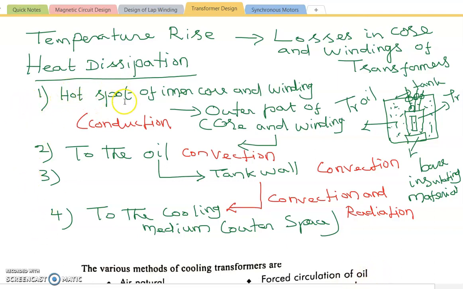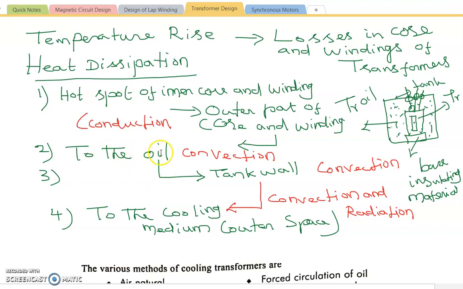First, the hot inner part of the core and winding is dissipated to the outer part of the core and winding, by heat conduction. Second, from the outer part of the core and winding, the heat is dissipated to the oil through convection.